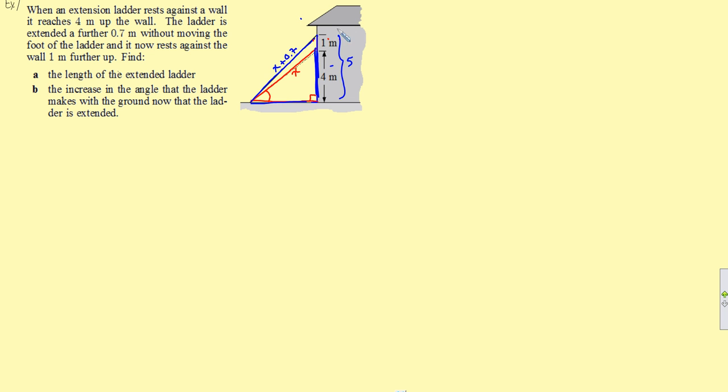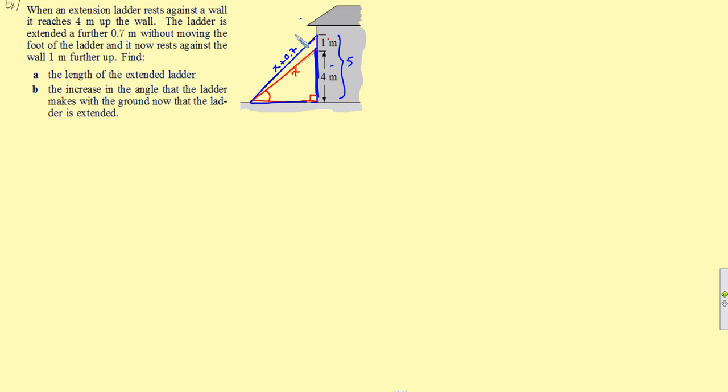So we know that the total height is 5 meters now from the ground. What they want us to find is the length of the extended ladder. So we're looking to find what the hypotenuse is. And then they want us to find the increase in the angle that the ladder makes with the ground now that the ladder is extended. All right, so let's take a look at the information that we've got.